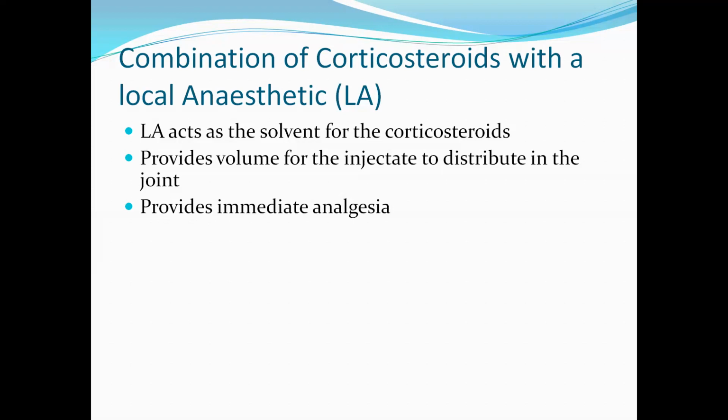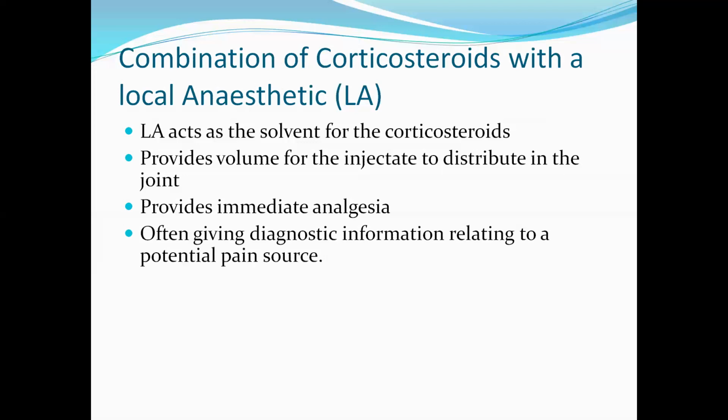So the addition of local anesthesia gives immediate relief to the patient, and often gives diagnostic information related to the potential pain source. If the pain is arising from the joint itself, the patient will get relief immediately after injection. That indicates this is an intra-articular problem and my injection is going to work. So this gives diagnostic information to the physician.